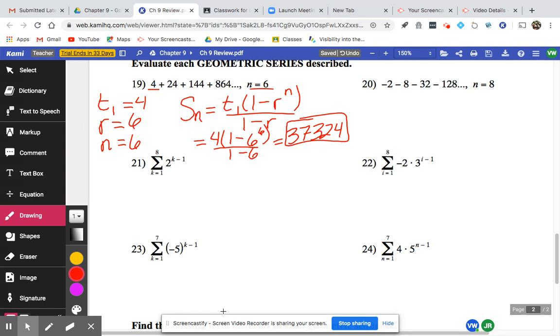Now, generally we want to be careful when plugging this into your calculator. What I have found is the most surefire way is to type in 4, parentheses, 1 minus 6, raise that to the 6th power, close the parentheses, hit your division button, another set of parentheses, 1 minus 6, close that parentheses, and then hit equals.